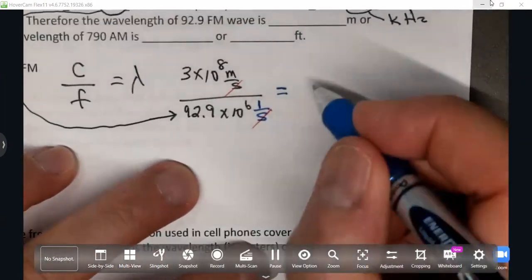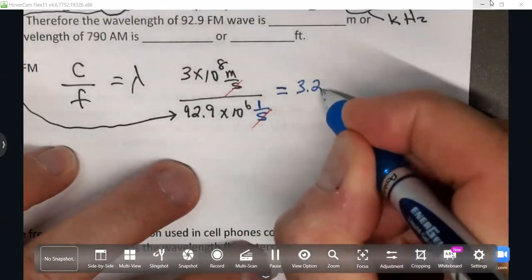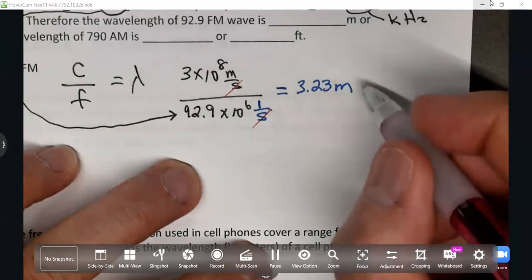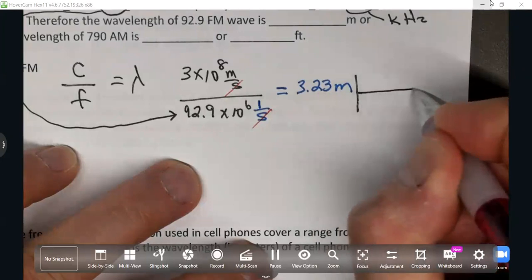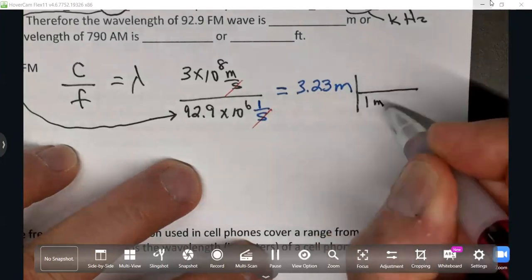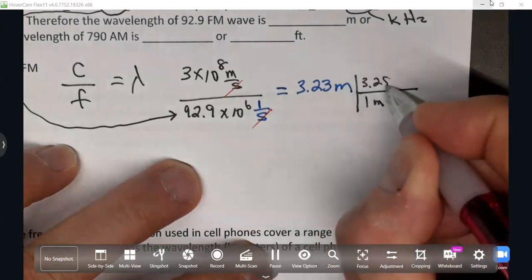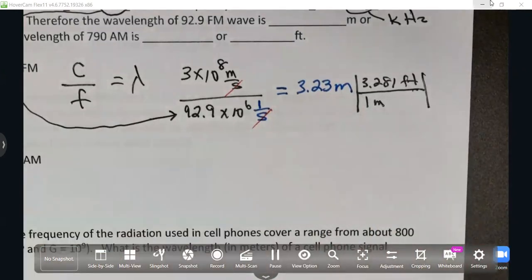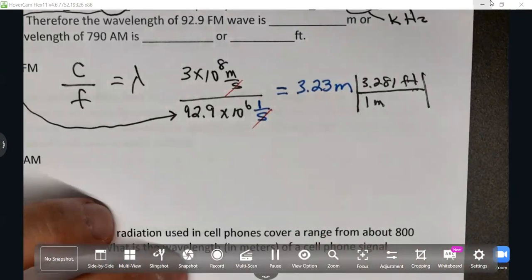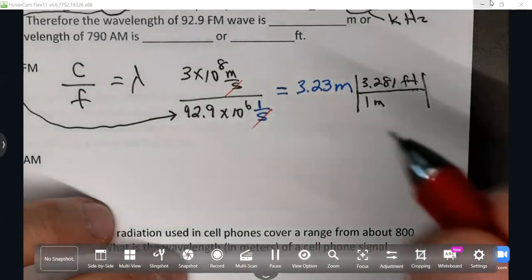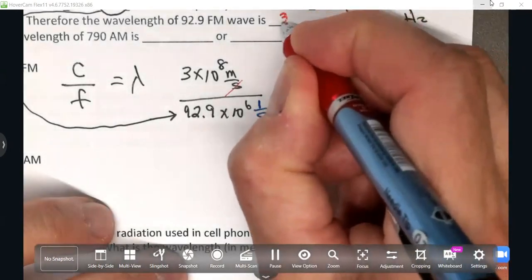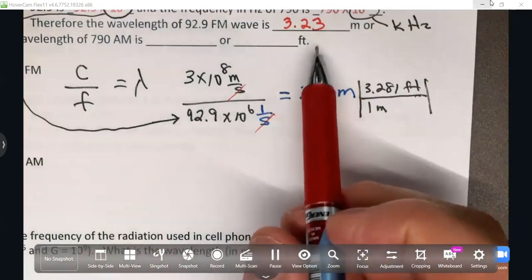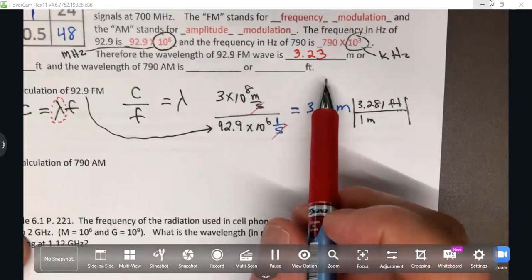So we get 3.23 meters. And I want this in feet as well. 1 meter is 3.281 feet. So this is 3.23 meters. And how many feet do I get out of this?